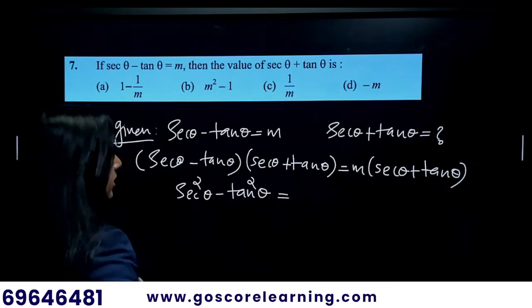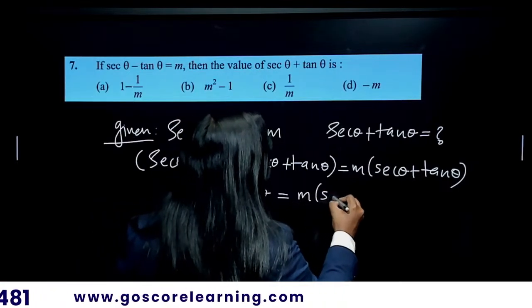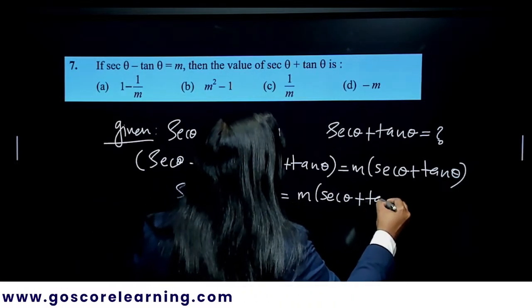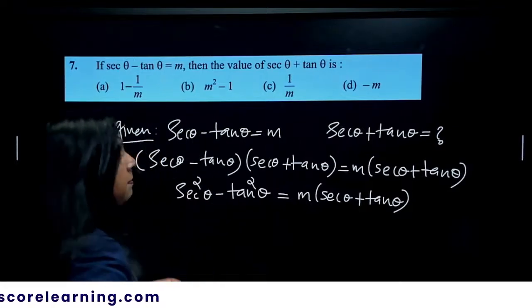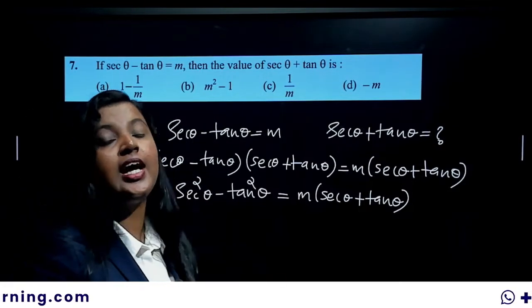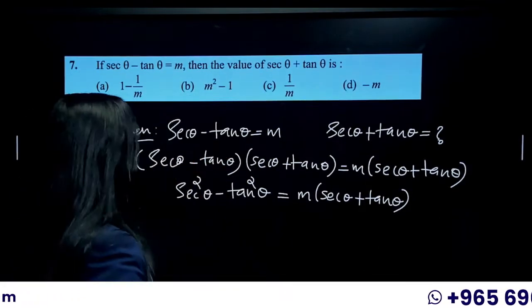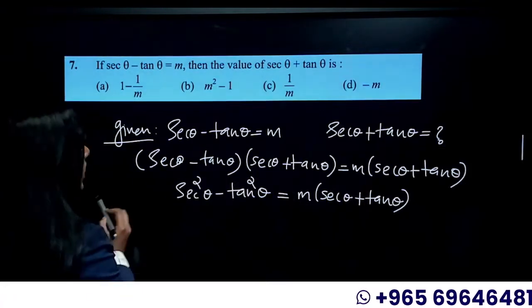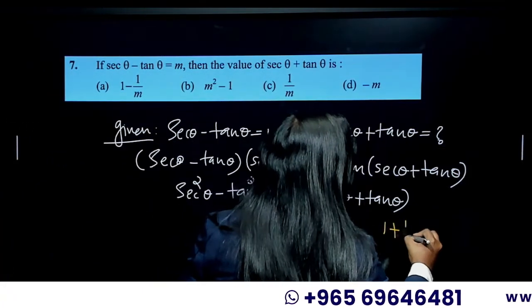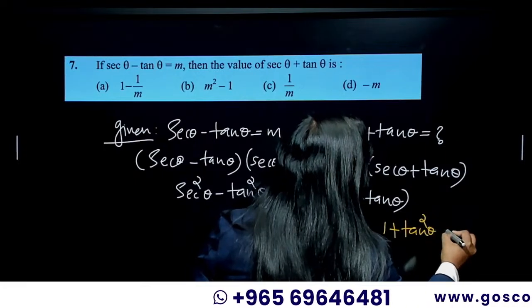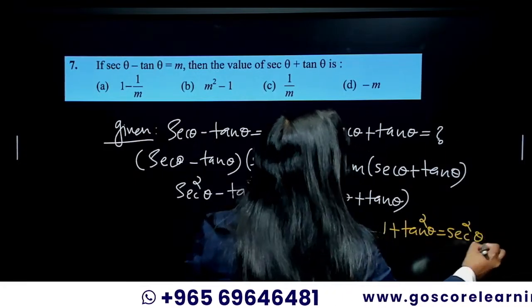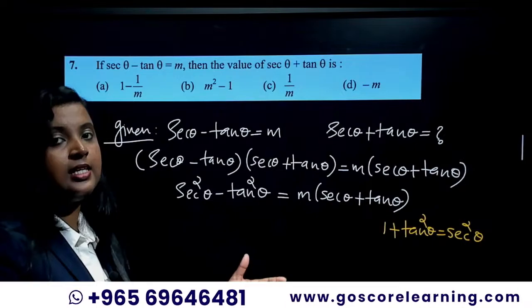So that is equal to m into (sec theta plus tan theta). What is sec square theta minus tan square theta? We have the identity 1 plus tan square theta is equal to sec square theta. In 10th grade, sec square theta is equal to 1 plus tan square theta is the identity, right?